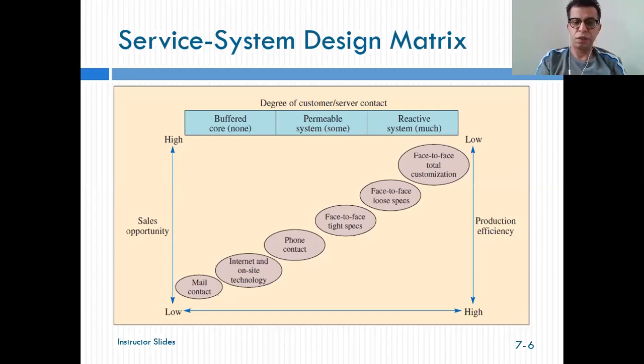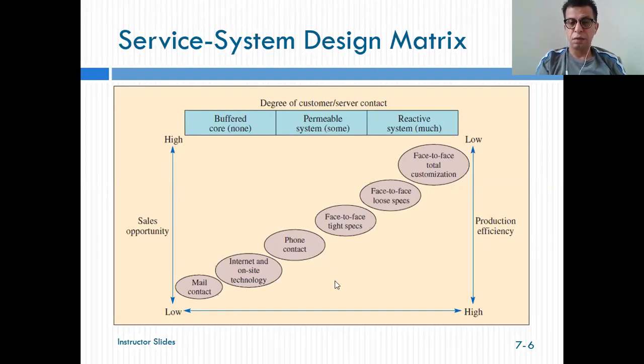So when you do mail contact, you're not expecting to make so many sales, and there is a buffered core. The more it goes in, like internet or on-site technology, the more you go to production low efficiencies, but then you have a better chance of making sales, and your production efficiency would be less.